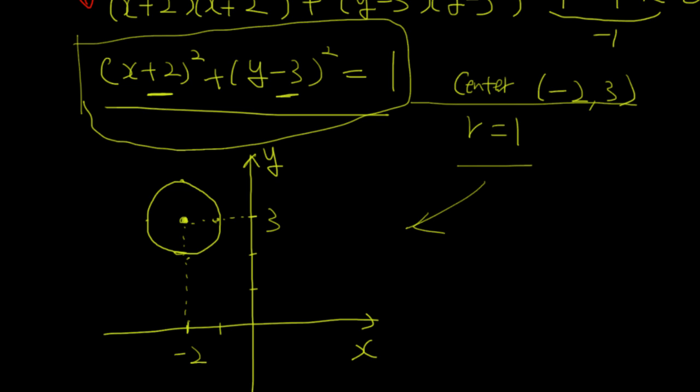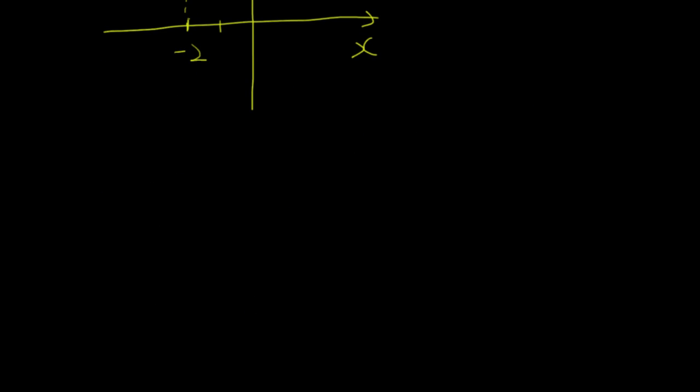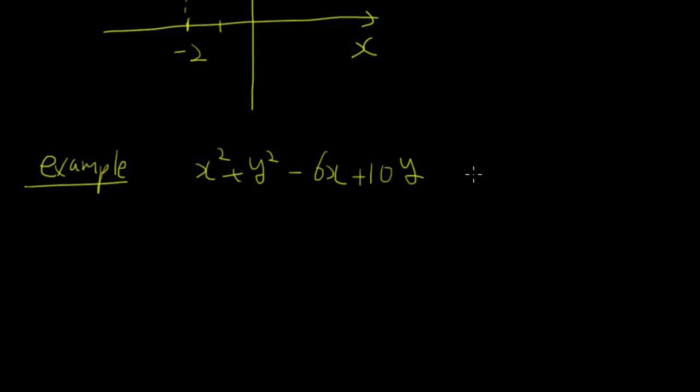Besides this, just one example, right? Okay, let me just give you one more example. Let's say you have x squared plus y squared minus 6x plus 10y plus 18 equals 0.